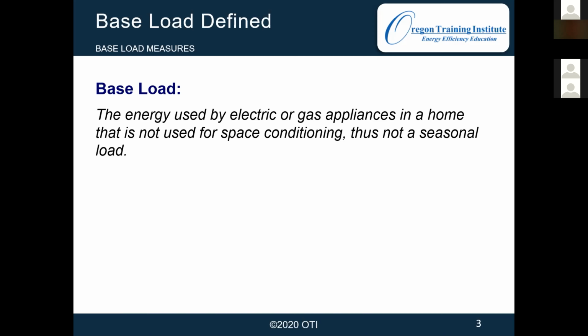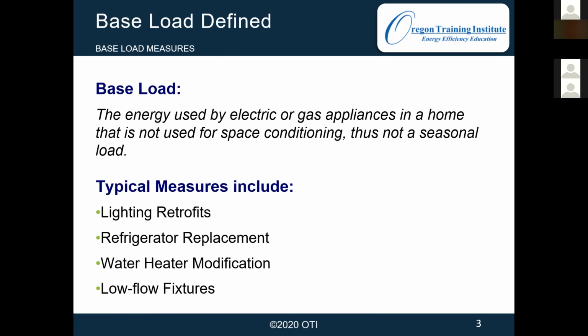So it should be somewhat constant every month, whereas heating especially is going to be almost exclusively during the winter when we're trying to keep the house warm. So it's everything else. Just a quick couple examples of ways to save on measures or things that use a lot of base load.